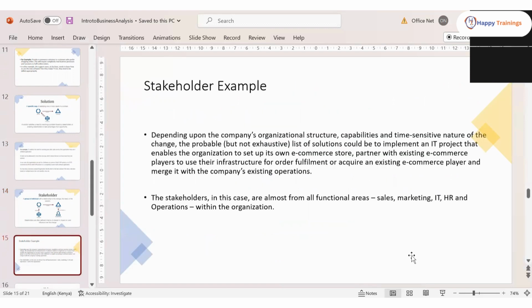For example, depending on the company's organizational structure, capabilities, and time sensitive nature of the change, the probable list of solutions could be implemented in an IT project that enables the organization to set up its own e-commerce store, partner with an existing e-commerce player to use their infrastructure for order fulfillment, or acquire an existing e-commerce player and merge it with the company's existing operation. This is the solution given for the stakeholders to pick from. The stakeholders in this case are almost all functional areas: sales, marketing, IT, HR, and operations within the organization. They all have to make a collaborative decision on the proposed solution.